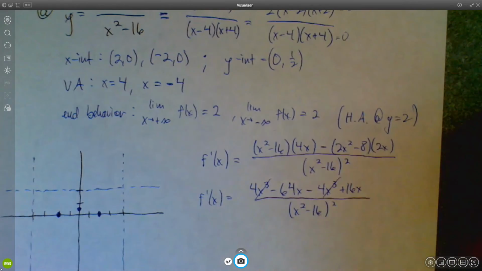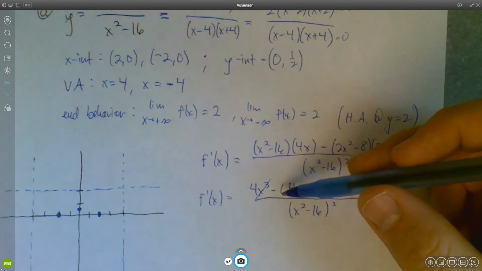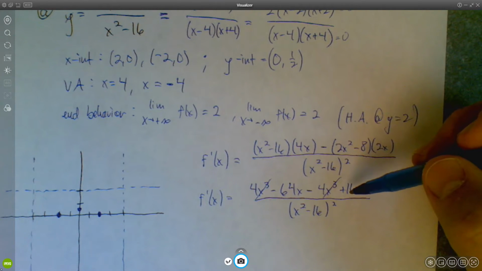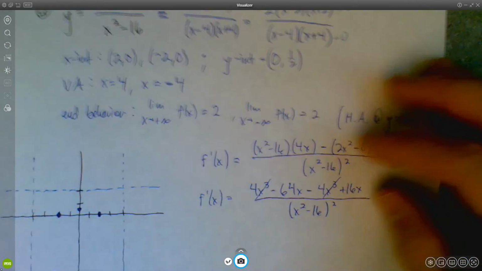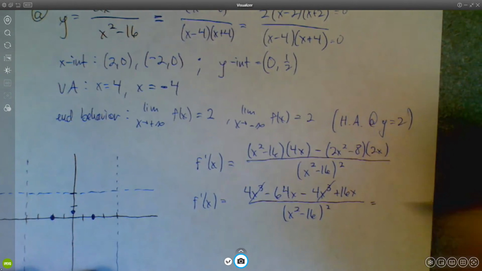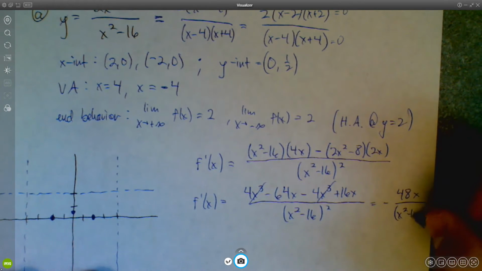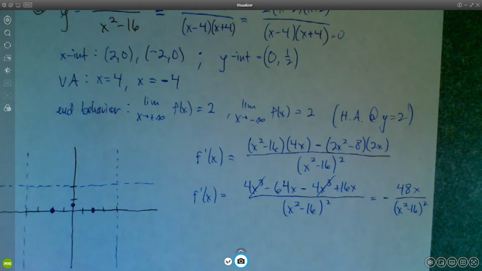Okay, good. 64 minus 16 is, negative 48. Oh, I should have known that. Anyway, this is negative 48x over x squared minus 16, quantity squared.